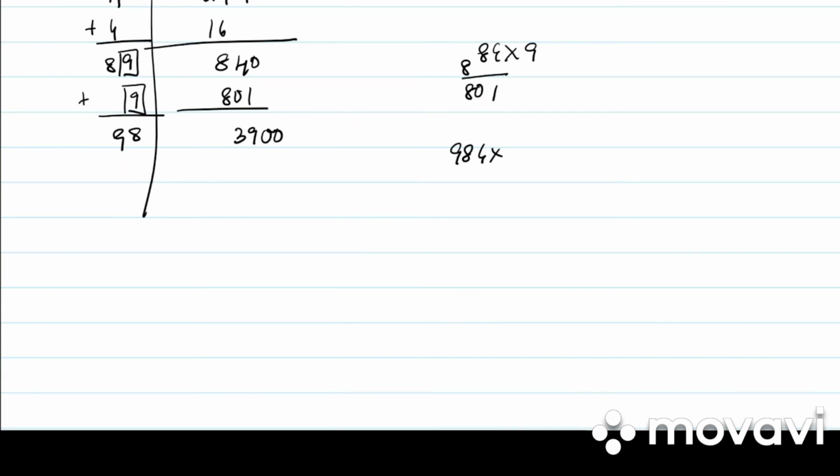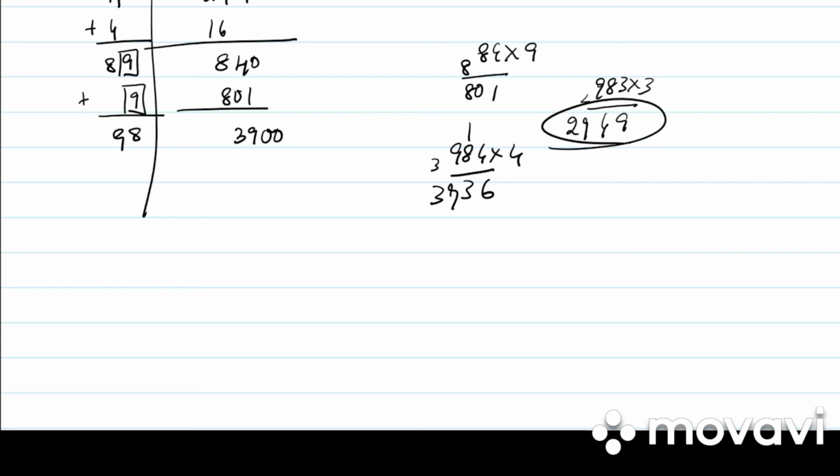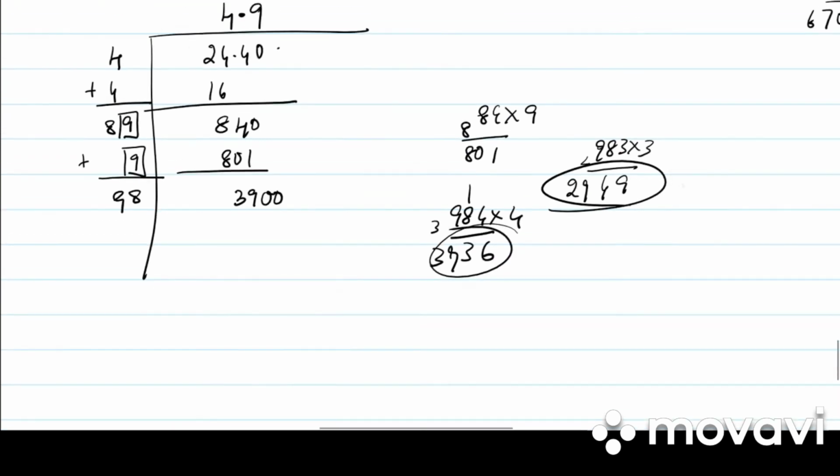984 into 4. 9 4s are 36, 39. It is 3936. So 983 into 3. 9 3s are 27, 28, 29. So it is 2949. Which is closer? It is 2949 and 3936.